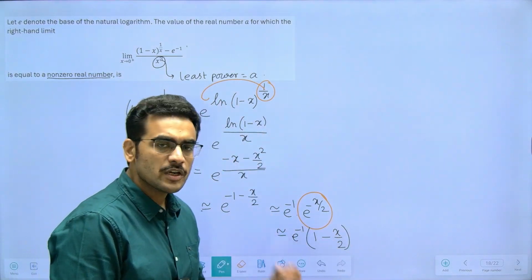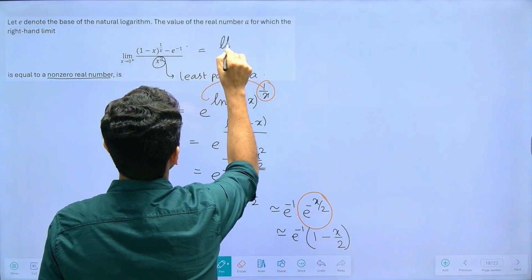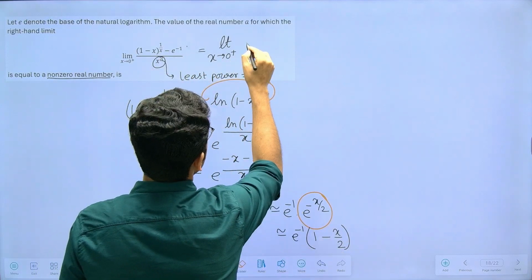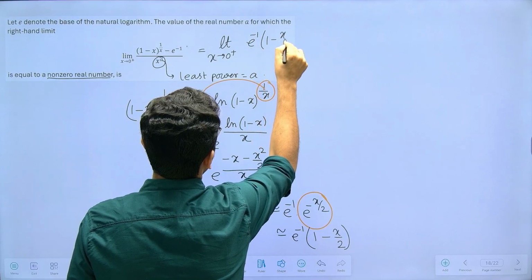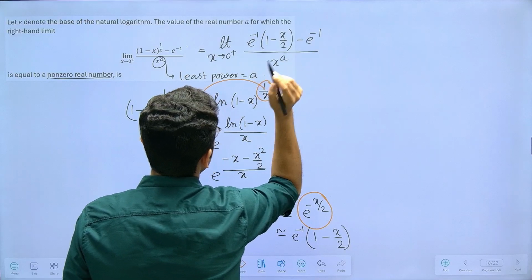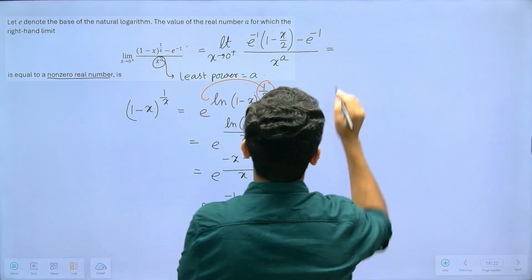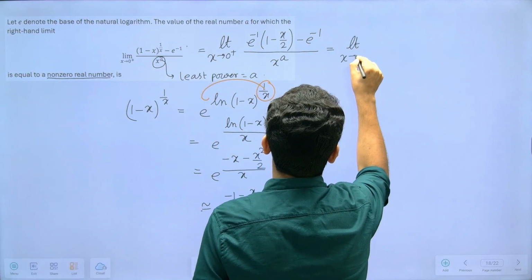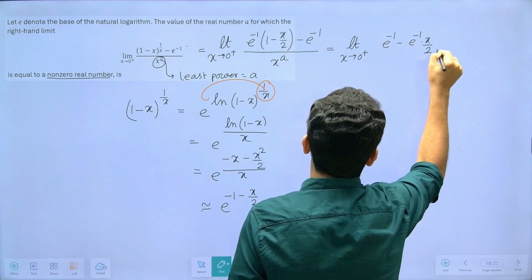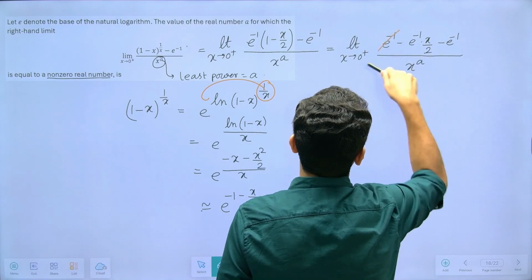So we got the approximation of the first function in the numerator. Now the limit as x tends to 0 plus is approximately e to the power minus 1 into (1 minus x by 2) minus e to the power minus 1, divided by x to the power a. In the numerator, e to the power minus 1 minus e to the power minus 1 into x by 2 minus e to the power minus 1, so e to the power minus 1 cancels.